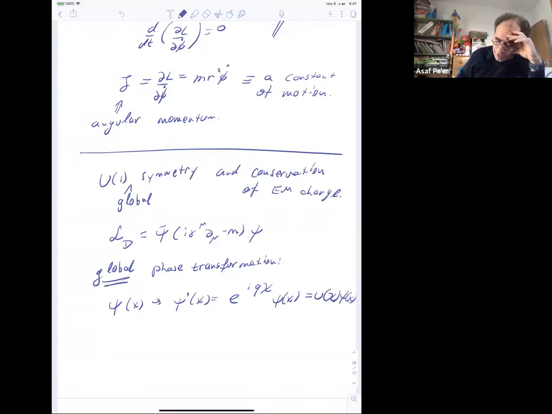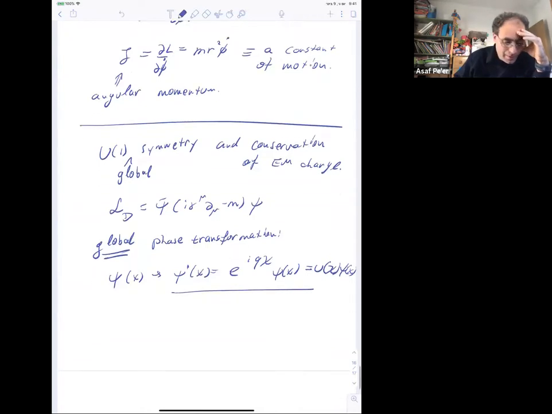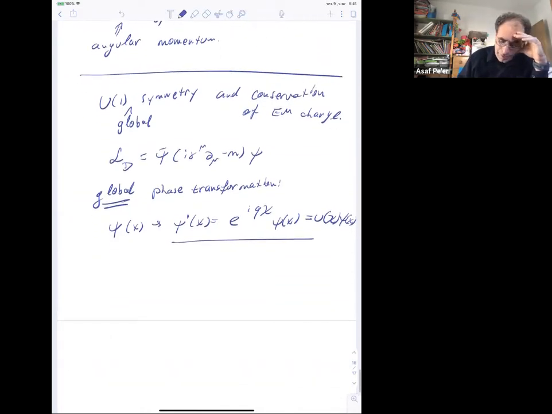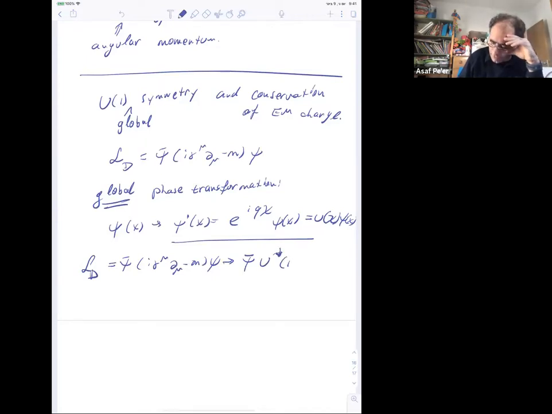But this is a transformation that I can make. When I make this transformation and look at the Lagrangian, L Dirac is psi bar (i gamma mu d mu minus m) psi. Transformed, it would be psi bar U star, the Hermitian conjugate, (i gamma mu d mu minus m) U psi.